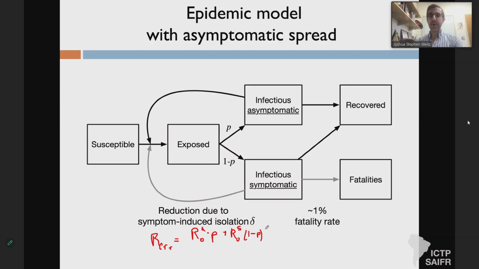But this is going to be reduced by delta, so we're going to get a 1 minus delta term here. Okay? What you can begin to see is, as delta gets very high, imagine delta.